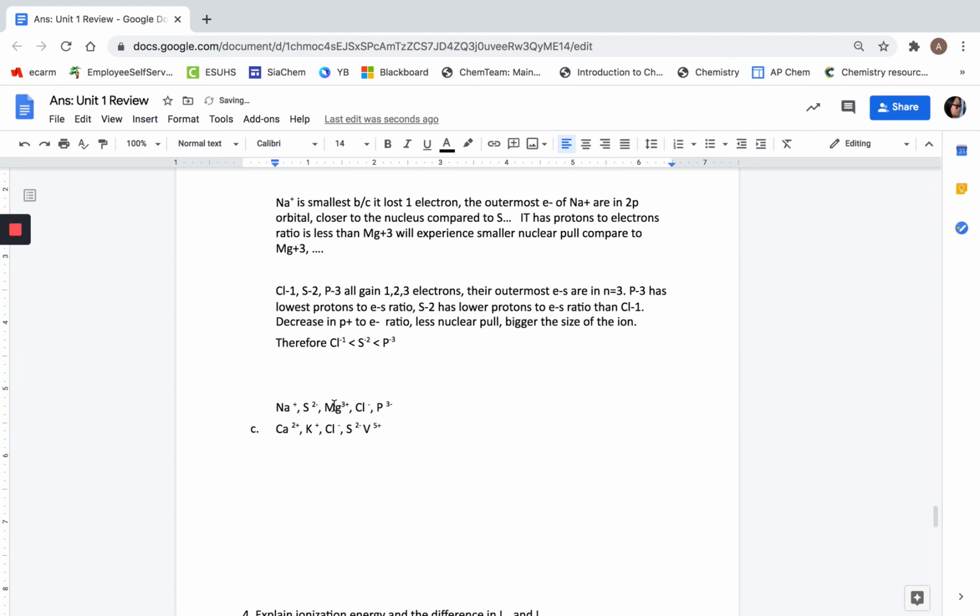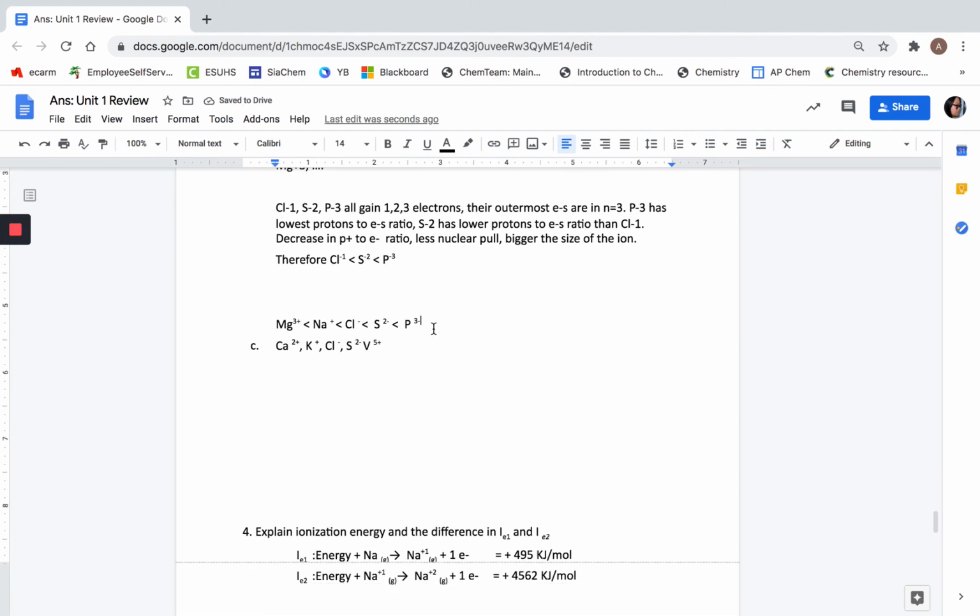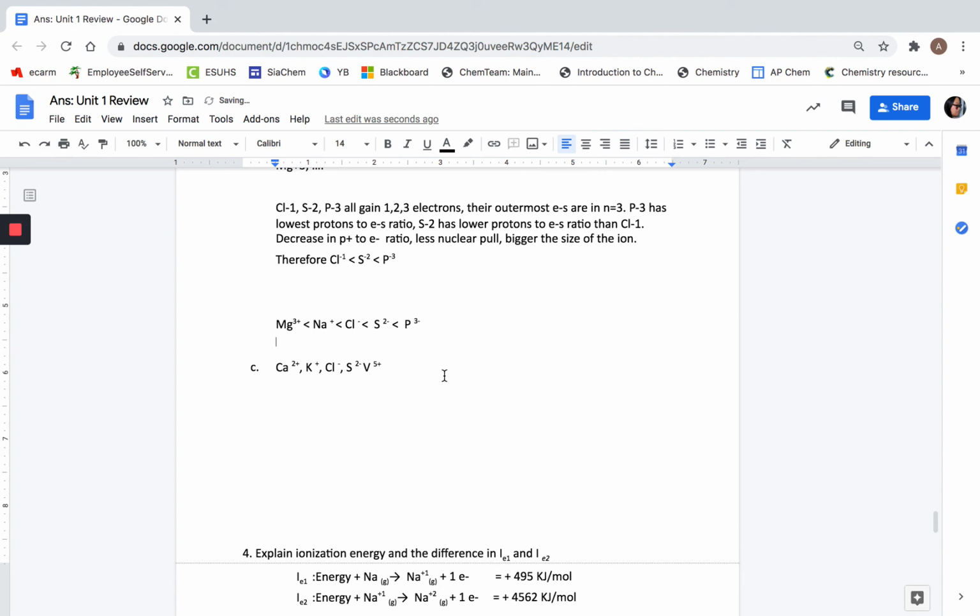So Mg2+ is the smallest, and then Na+, and then the next one is Cl-, and then S2-. So that's what you have in this question.